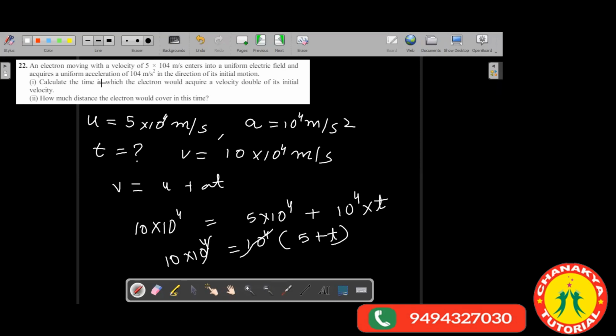Okay. Anyone got the answer for the displacement? How much will be the displacement of the electron?